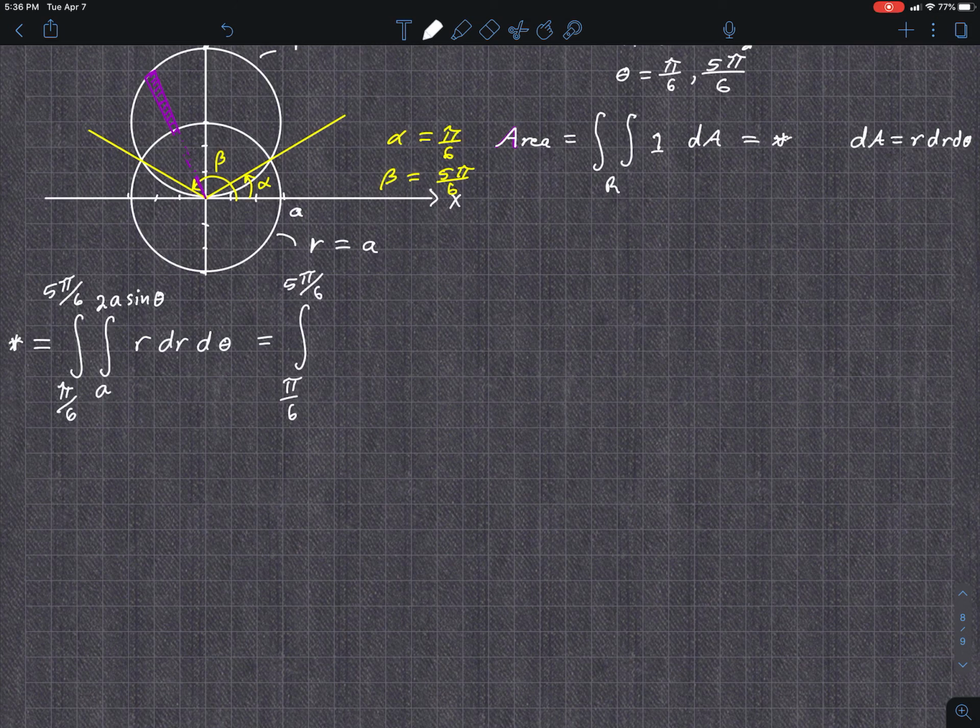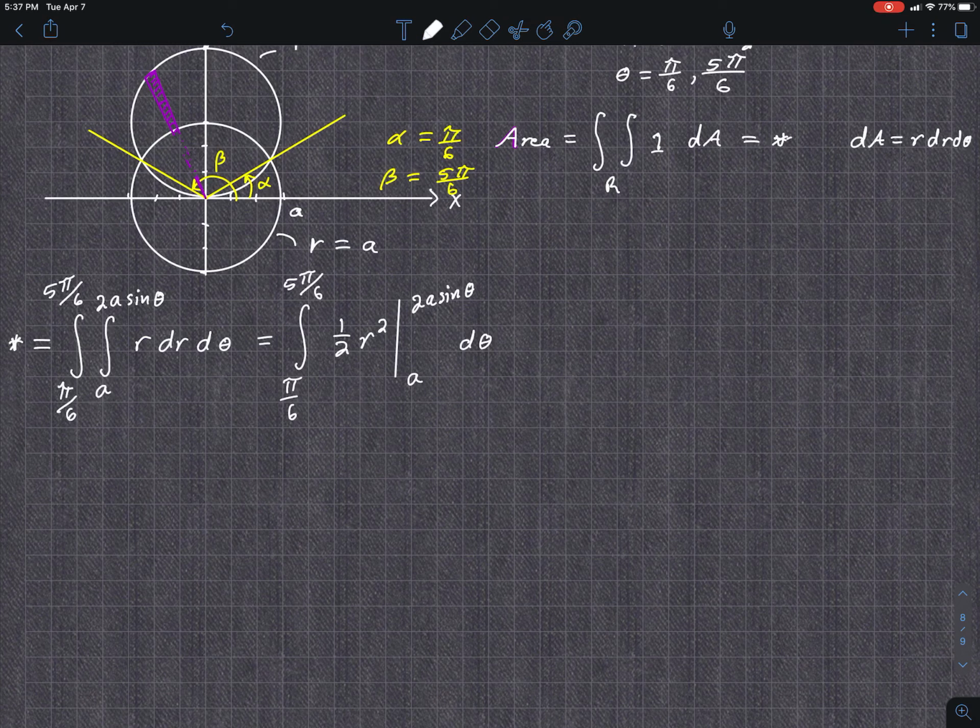Okay, so you get the double integral pi 6 to 5 pi 6. And with respect to r, so that's just 1/2 r squared evaluated from a to 2a sine theta, and that'll be a d theta. And you can see now that once you substitute, your r is gone, and then you have just theta. And then your next integration, you'll have integrating with respect to theta again.